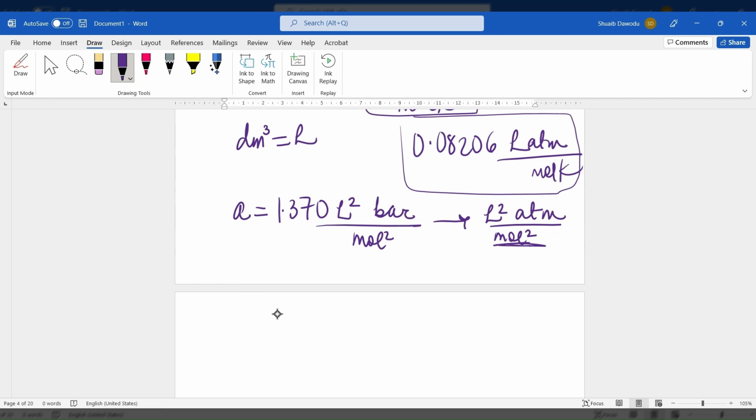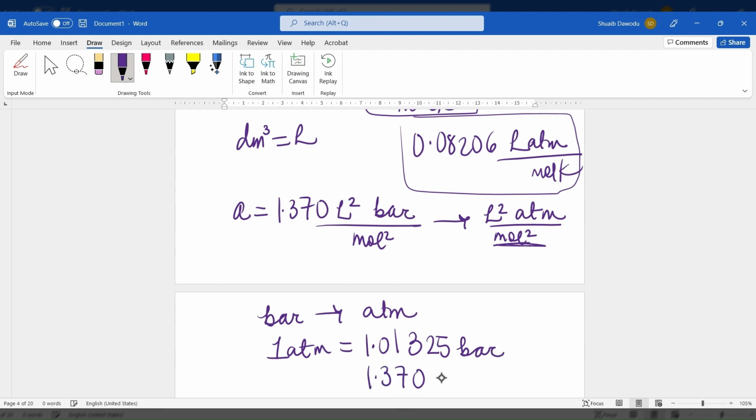It's just us going from bar to atmosphere, and that's what we're going to use in this question. We have to remember that one atmosphere is 1.01325 bar. And here we're given 1.370 bar. I'm not going to write the liter squared and mole squared because we don't need to.